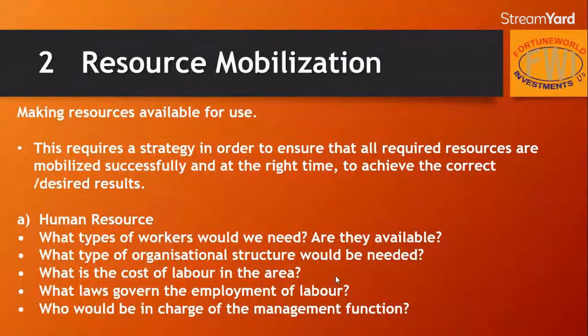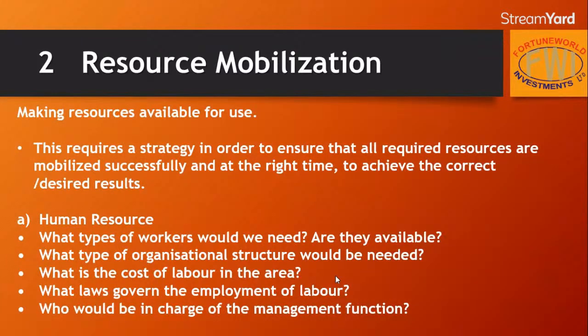You remember we did mention that there are three types of human resources. You have those who are skilled. You have the semi-skilled and the unskilled. Now you look at that type of resource. Do you have it available in the area where you are going to operate from?